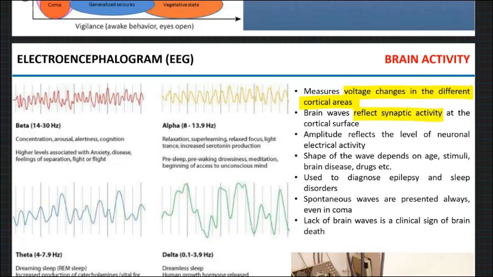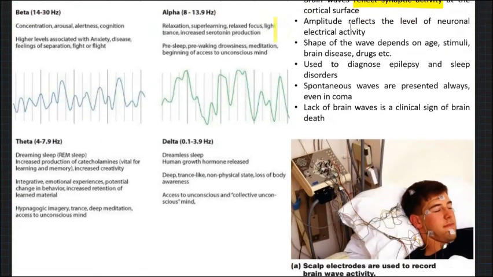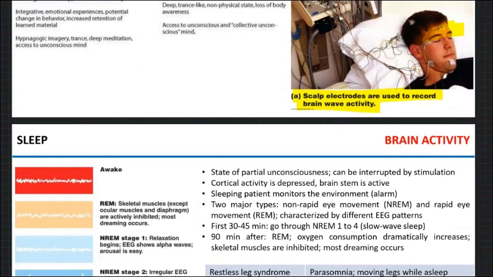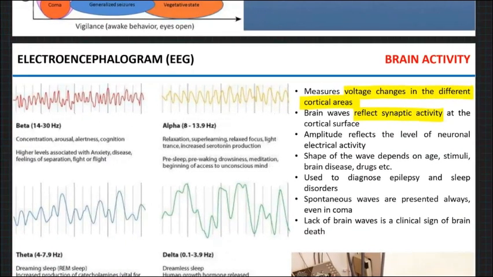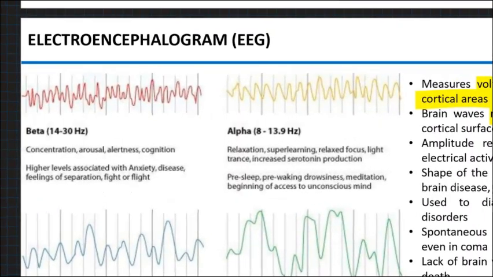You can measure this electrical activity by applying electrodes to the scalp, as you can see here, and measuring what we call brain waves. There are 4 main types of brain waves associated with different states of alertness.